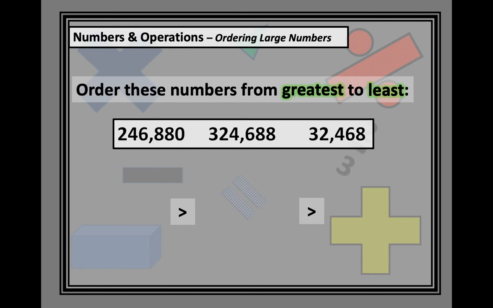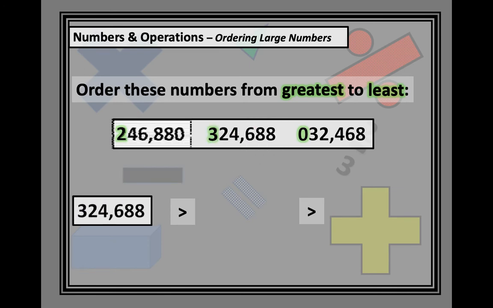If I look at these numbers and I look at the digit in their greatest place value spot, I see that the first two numbers start in the 100,000s place, but my last number starts in the 10,000s place. So I know right away that number is going to have the smallest value because it has a 0 in the 100,000s place. So if you make sure you're comparing the same place value spot, this comparison becomes very easy to do.